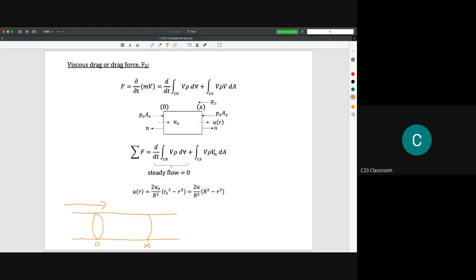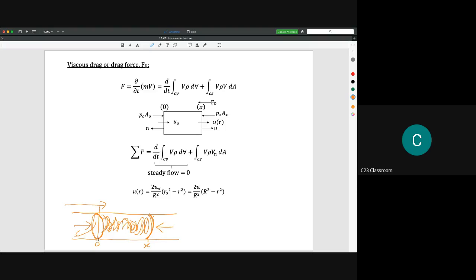So the idea is simple. If we cut this pipe, we must make sure that the fluid inside this section still has its own pressure. So we must push in this direction at the same time, because we don't want the fluid inside this area to flow out.